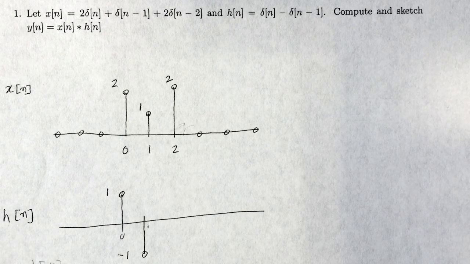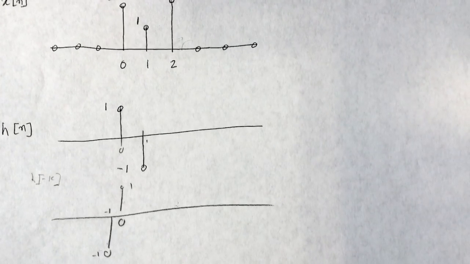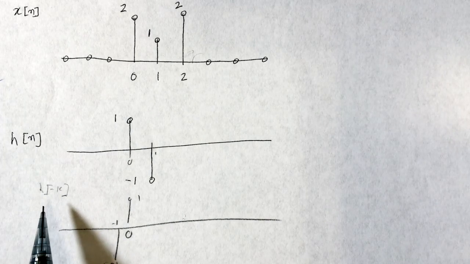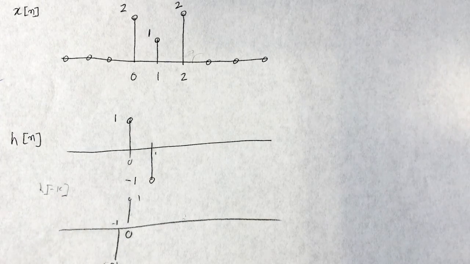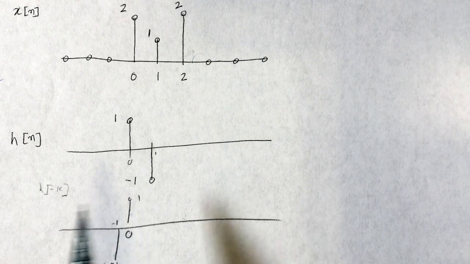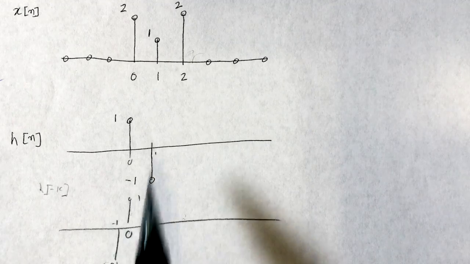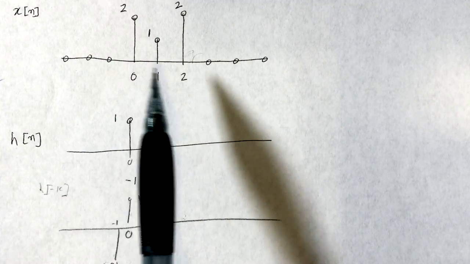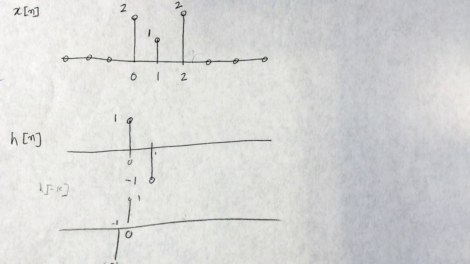This is discrete time, so this is a little bit easier. So what I usually like to do is draw h of negative k after flipping the independent variable over the y-axis, and that way I can line it up with my x of k and see a little bit more easily how the bounds are affected.